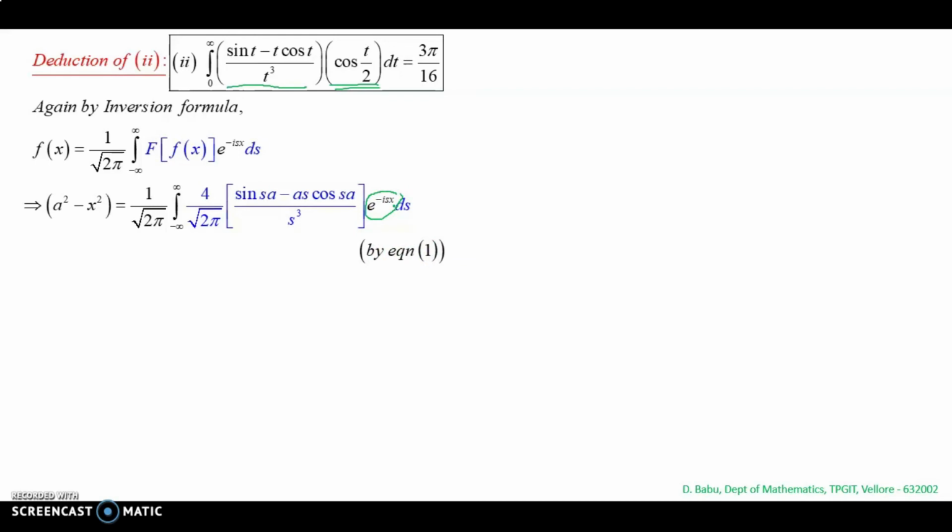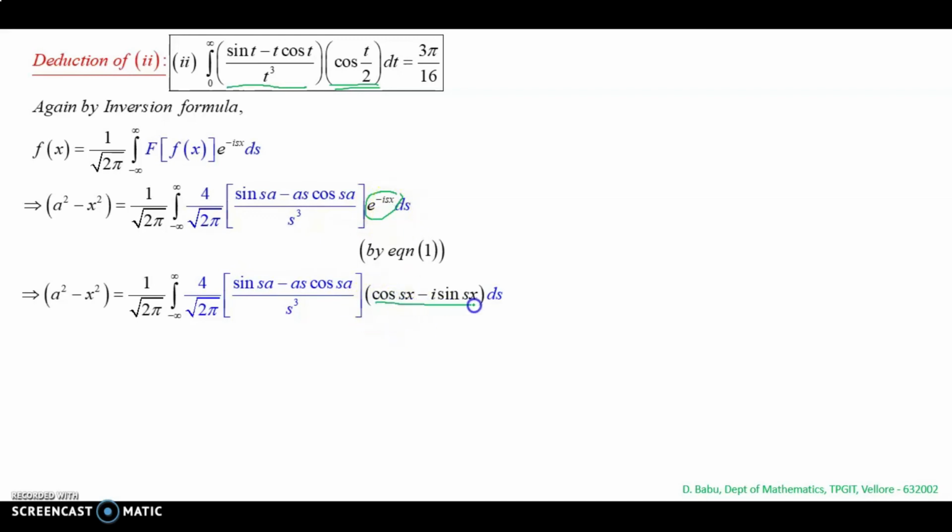But what term do we need? Cosine term only. Therefore, equating real parts. This is the real part and this is the imaginary part. We need the cosine term only, therefore we have to equate the real part on both sides.